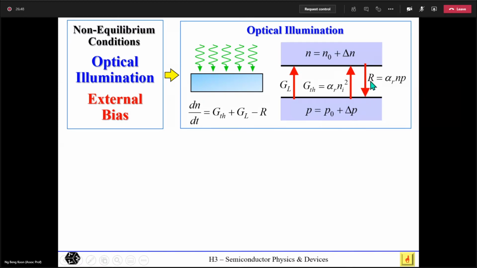This recombination rate is a function of the number of electrons and holes you have in the semiconductor, which makes sense, because if you have a larger number of electrons or holes, then there's a higher chance that a hole and an electron can see one another, and the rate at which they recombine will also be higher if your concentrations are higher.